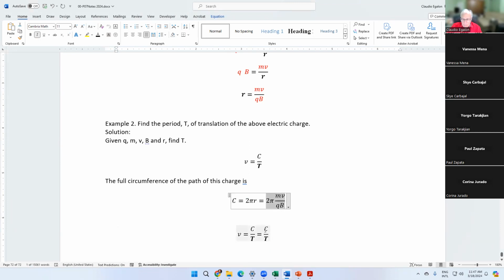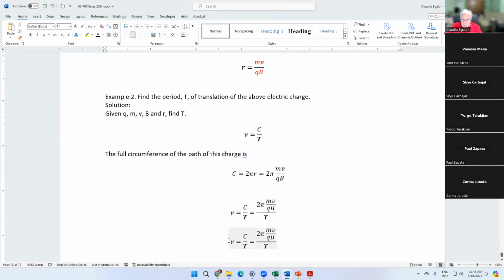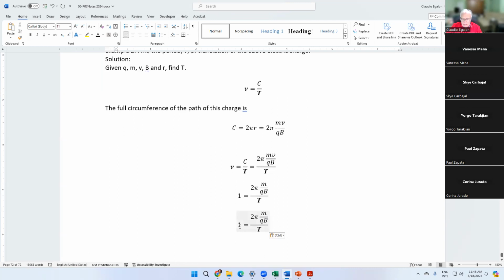The full circumference C is that. We do not need the V anymore because the V here cancels with this V. I don't need this intermediary step, but I can isolate T. Like that.